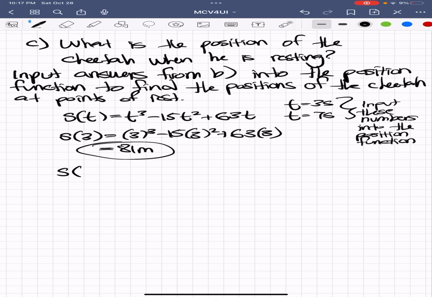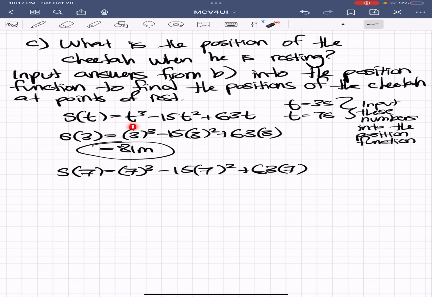And then we have S of 7, so 7 to the power of 3, 15, 63, 7. So we inputted 3 and 7 into the position function, into all of these variables, here, here, and here.